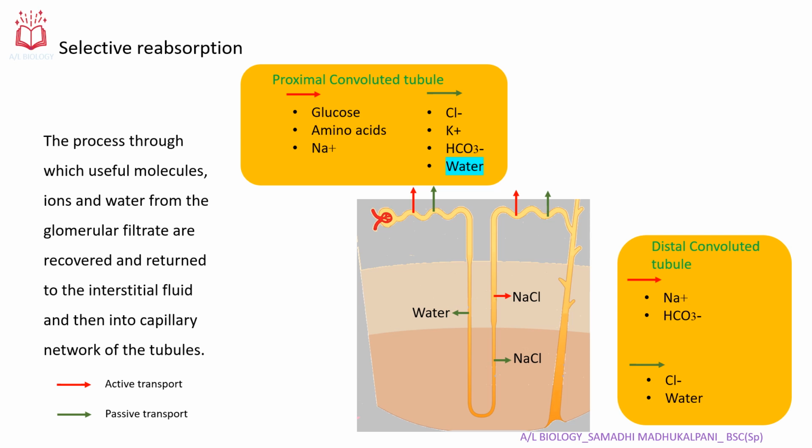If this glomerular filtrate exits from the nephron, it will be removed from the body with urine. Therefore, these useful molecules, ions and water should be reabsorbed or regained into the blood.